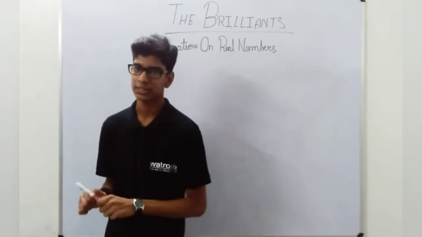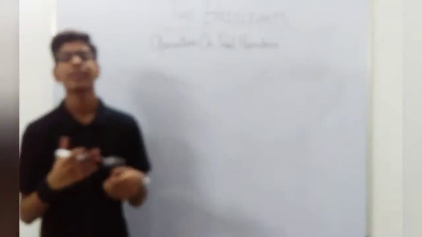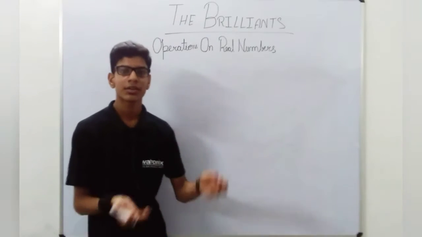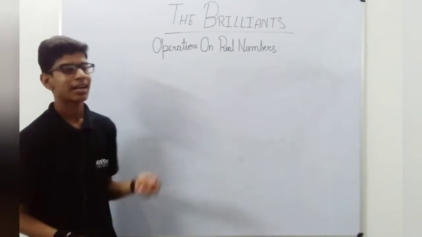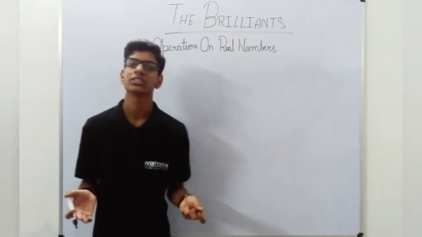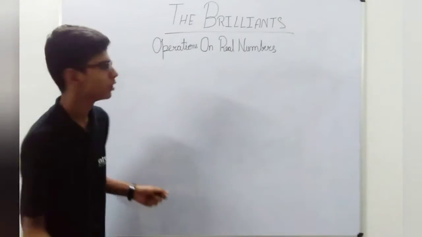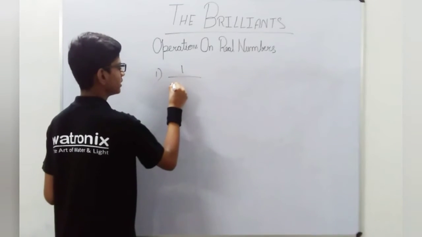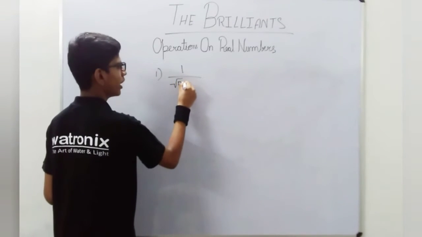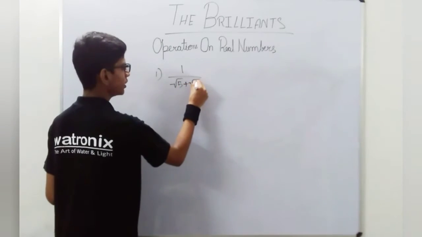The most frequently asked question is rationalizing the denominator, which we can say is like an identity. Rationalizing the denominator also makes our work easier to solve an equation. So let's take an example: 1 upon (√5 + √2).